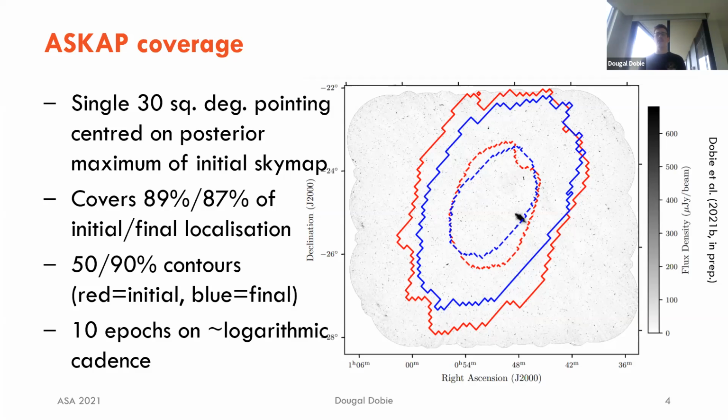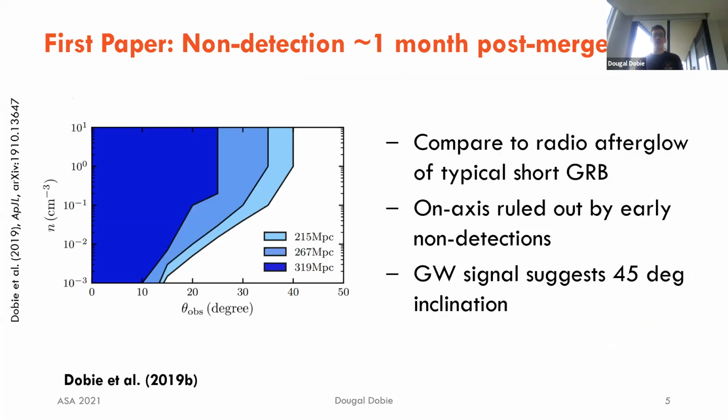So we've now hit this field 10 times on roughly a logarithmic cadence, and that's just basically motivated by the fact that synchrotron afterglows generally evolve on logarithmic timescales. So after 3 epochs, going out to a month post-merger, we published a paper claiming a non-detection and used that non-detection to constrain the properties of the merger, basically just by comparing our upper limits to the properties of afterglow light curve models and typical short GRBs.